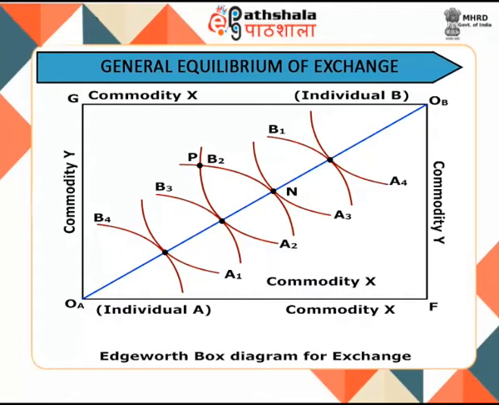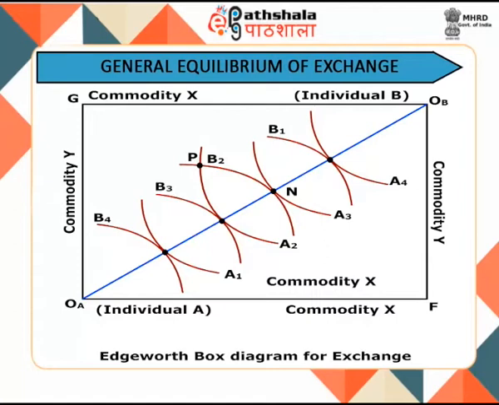Let's take a look at the Edgeworth box where the x-axis measures quantity of good X and the y-axis measures quantity of good Y. The quantity of X available with individual A is measured from left to right along the x-axis with the bottom left-hand corner OA as the point of origin, and quantity of commodity Y available with individual A is measured along the y-axis from bottom to top with the point of origin OA.